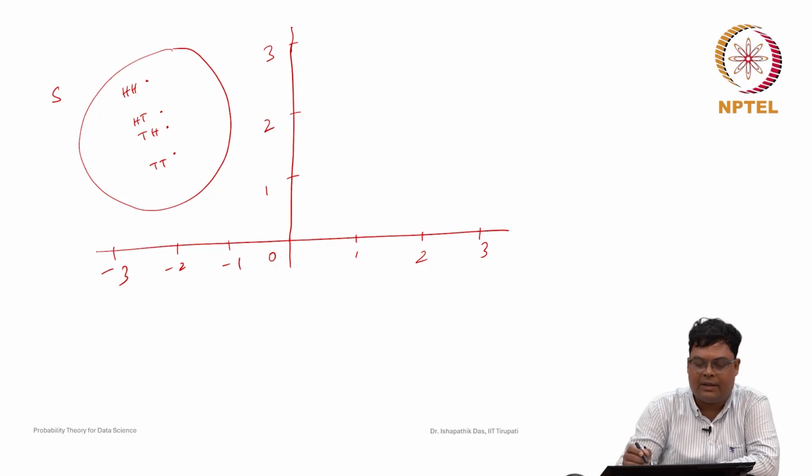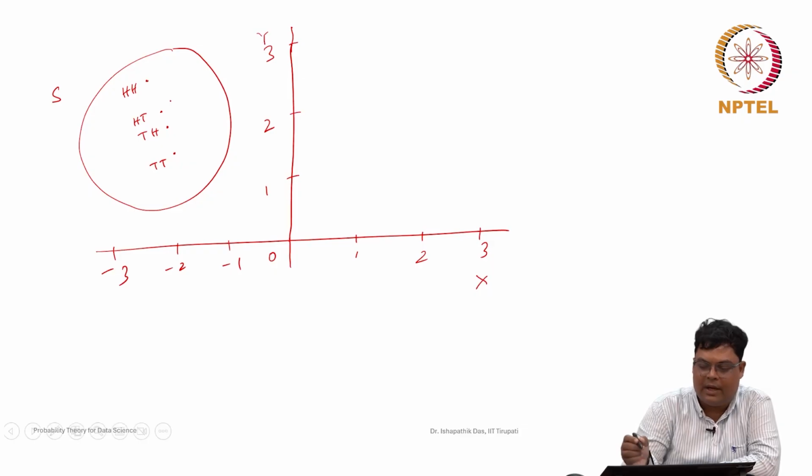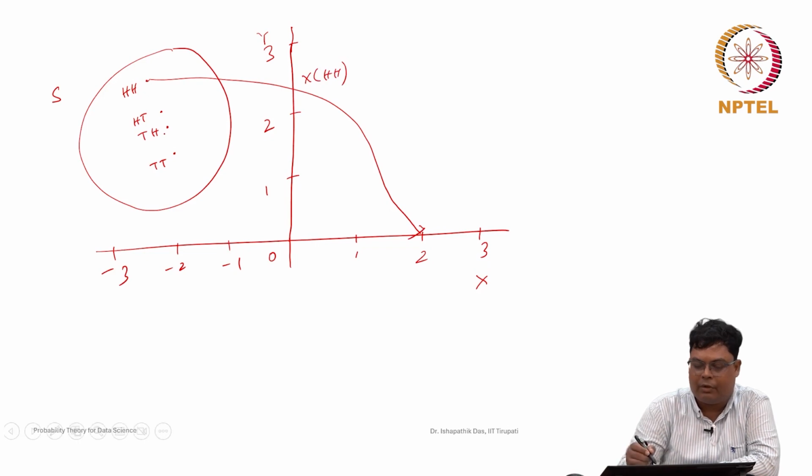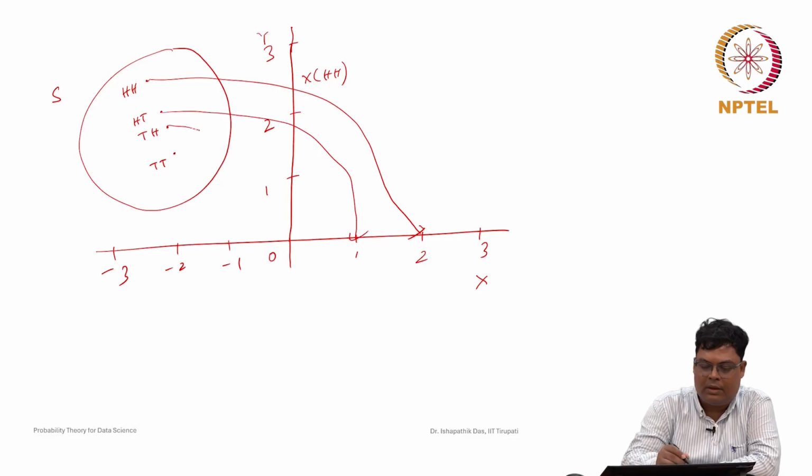X of HH is nothing but 2. I am mapping X along the x axis, and this is the y axis. So, X of HH is equal to 2. Now X of HT will be 1, so this will come to 1, and this is also coming to 1.